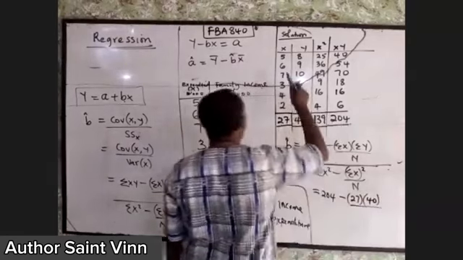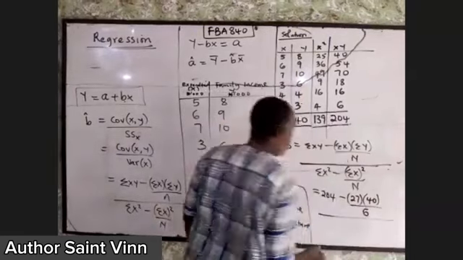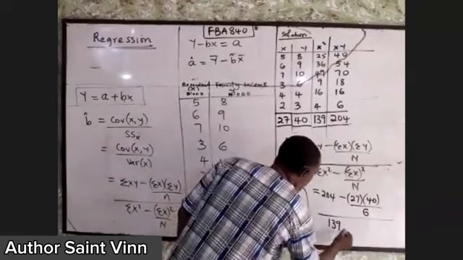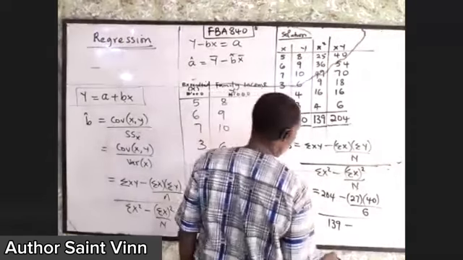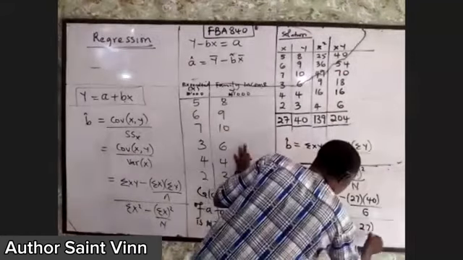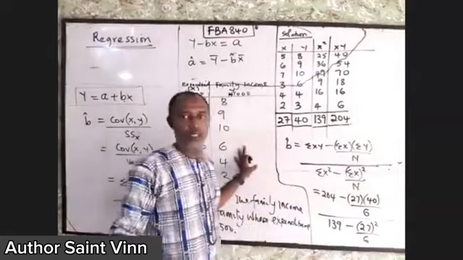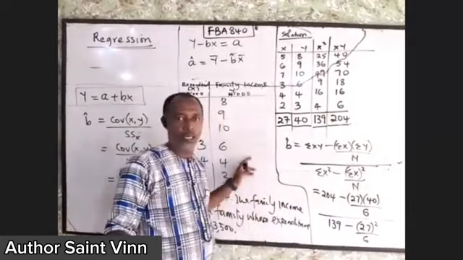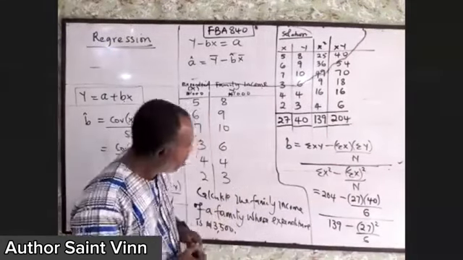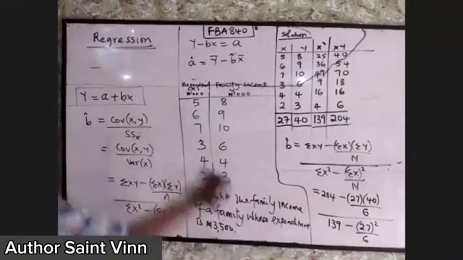All over total number 6, all over summation of x squared 139 minus summation of x, 27, all squared, all over 6. Is it clear? Any questions? Good. So put it down. I believe the calculator is still working.